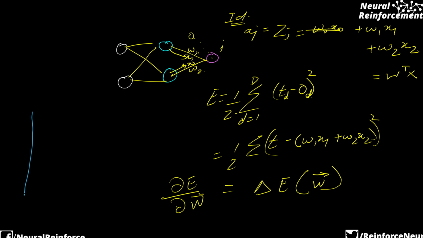So suppose I have a two-dimensional vector, W1 and W2. I draw this as W, or this is actually not W1 and W2 but delta W1 and delta W2, and this is my delta W. So this is my complete differential, and since the components of W are W1 and W2, these are my partial differentials.